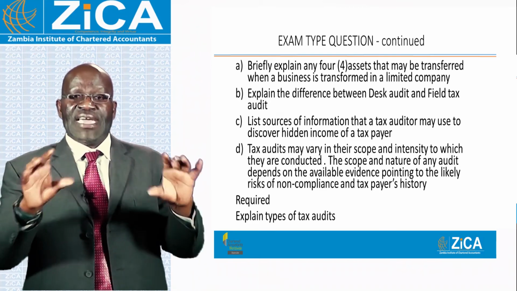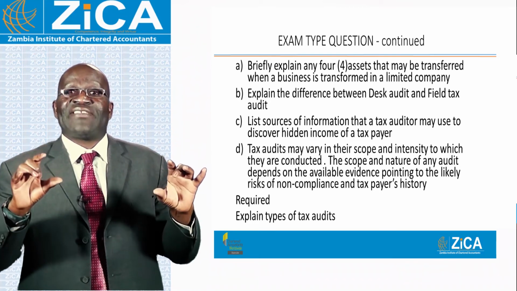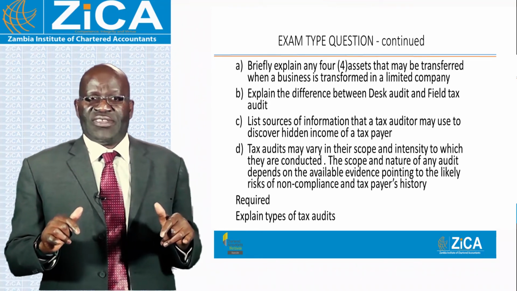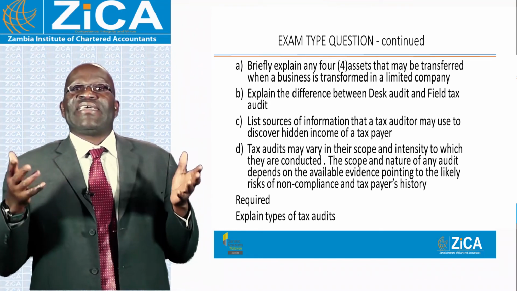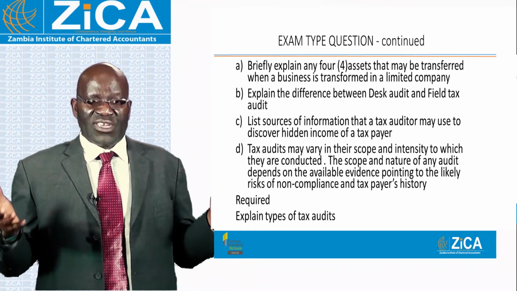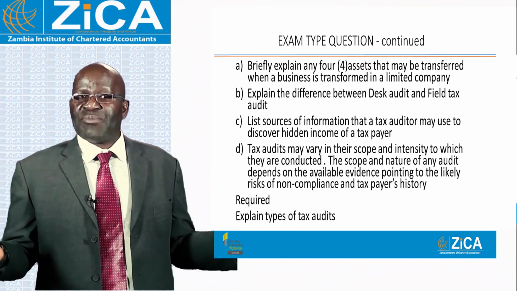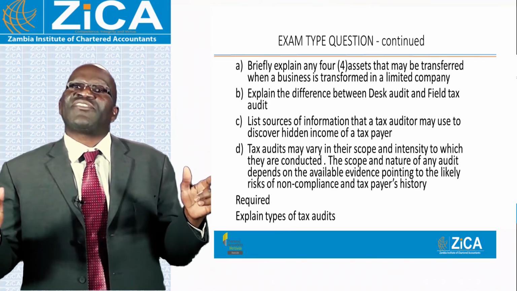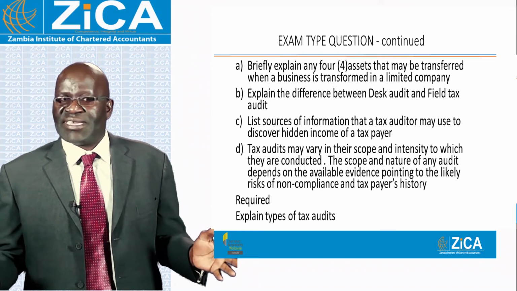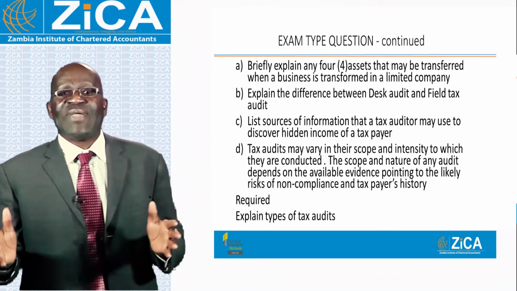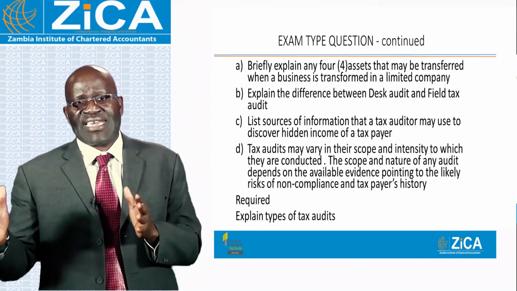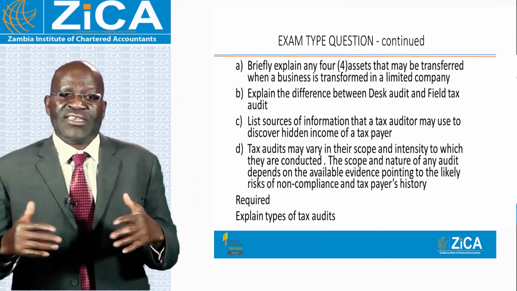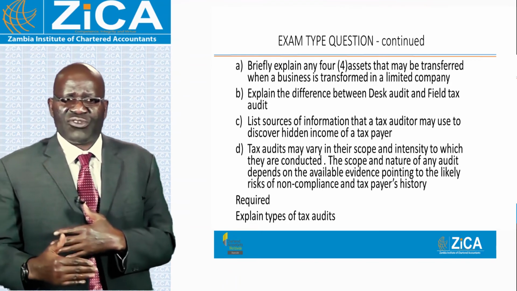For instance, in this type of question, requirement A was to explain briefly any 4 assets that may be transferred when a business is transferred to a limited company. Then also to explain the difference between desk audit and tax audit. And we also had parts C and D with other requirements.